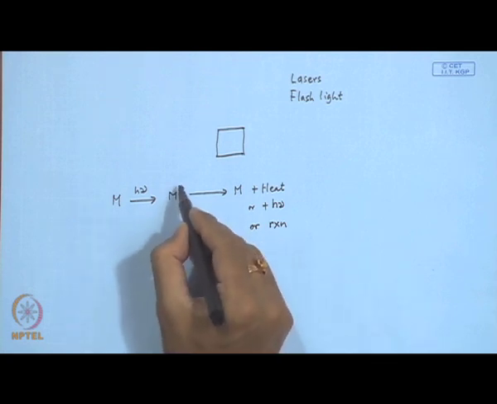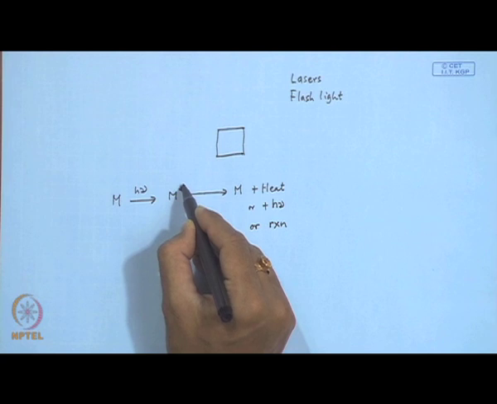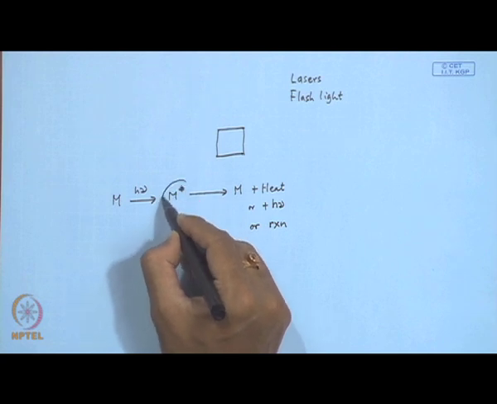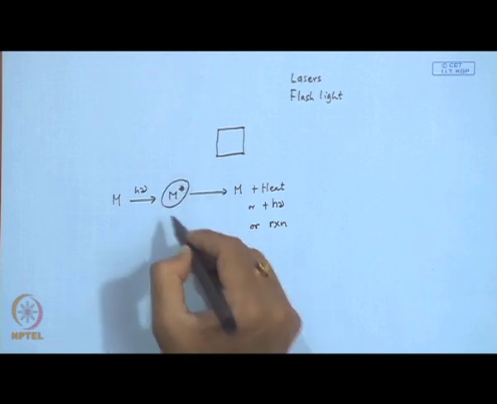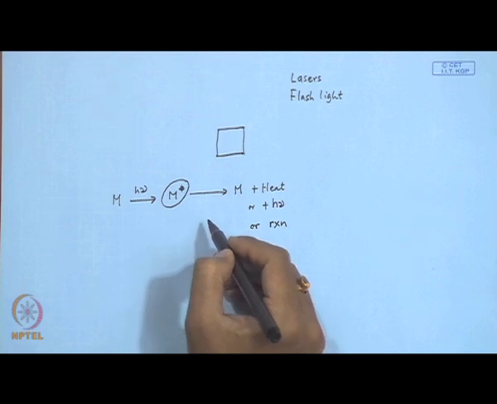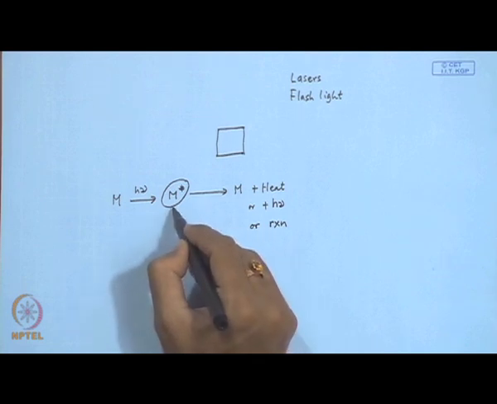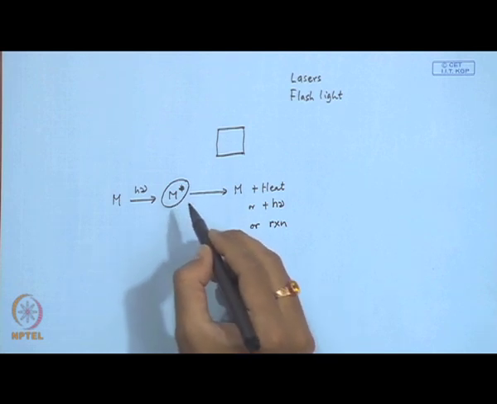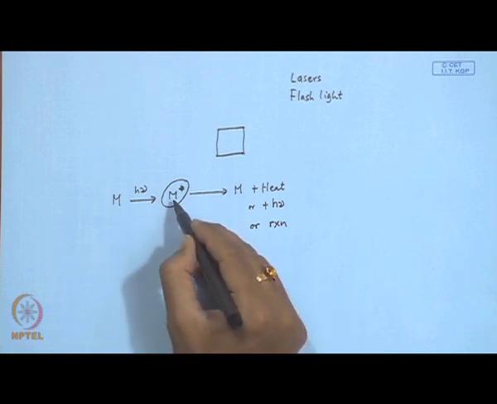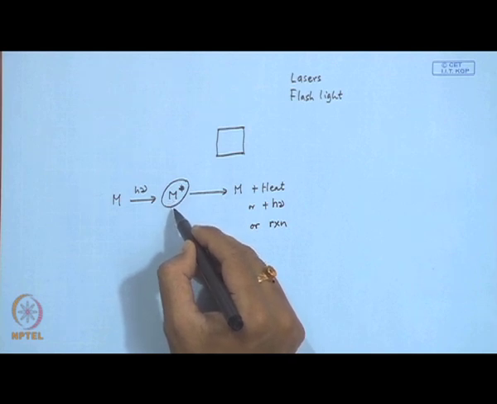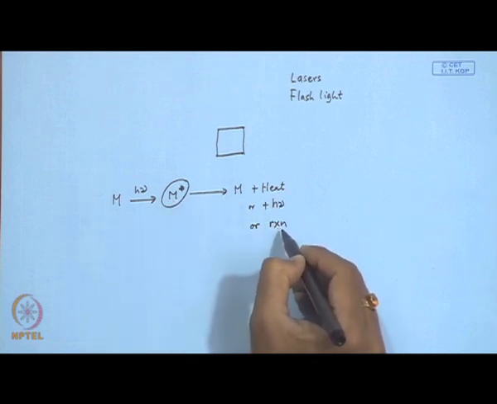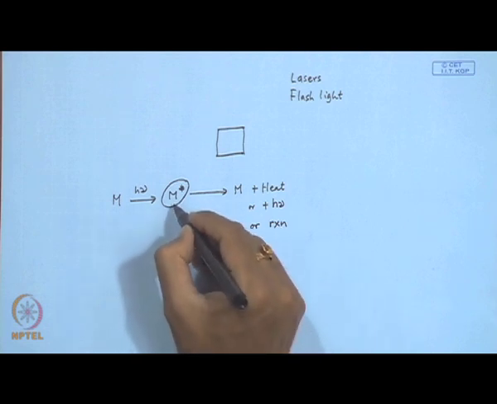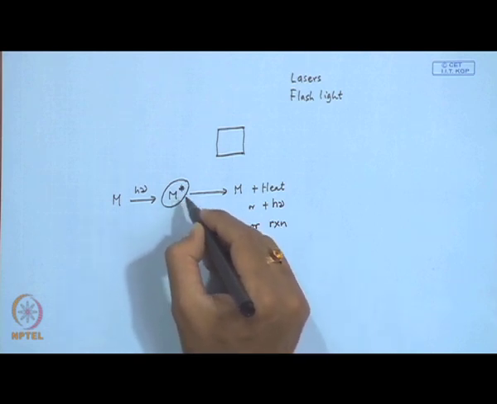In this case the active ingredient for the reaction, or the reactant, is this one. This is also not like a ground state molecule that stays for a long time. It is not like that this M star stays for a long time. Eventually it will undergo these processes.